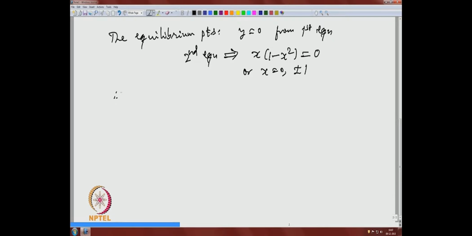Therefore, in this case we have 3 equilibrium points: (0, 0) and (plus or minus 1, 0).